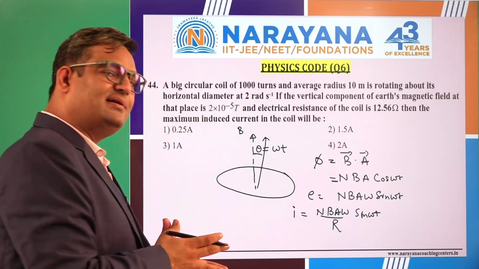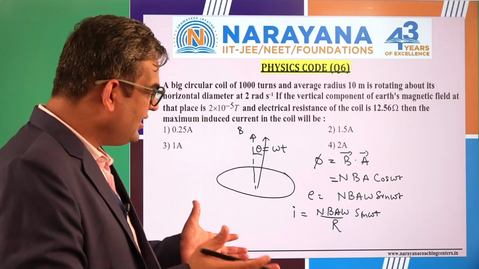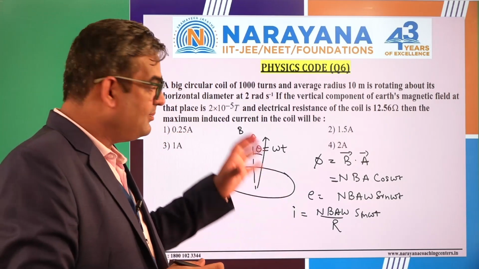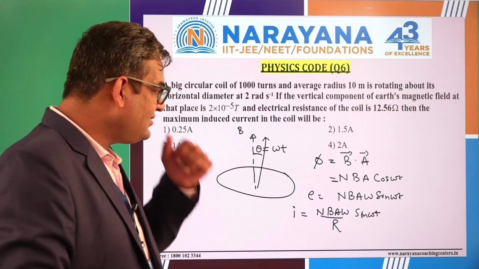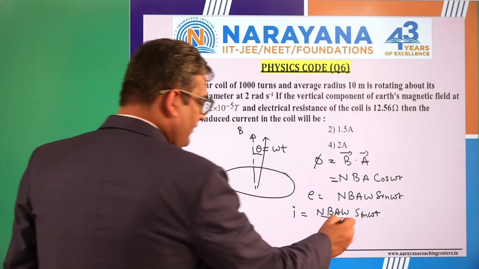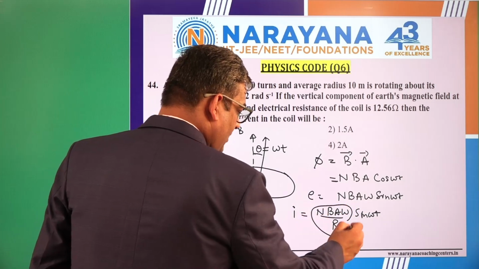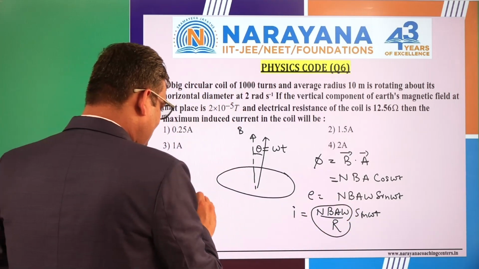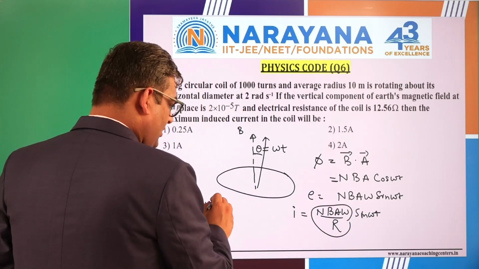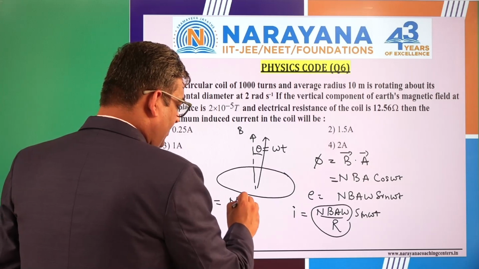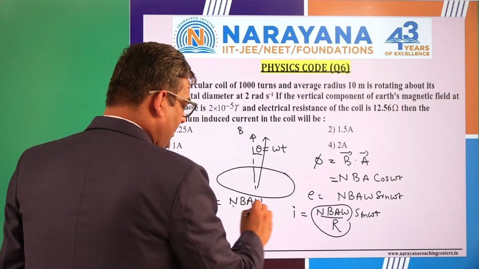This is the general expression for electric current in this particular case. But we just need to calculate the maximum value, so we will consider this amplitude. Means I max can be written as NBA omega divided by R.